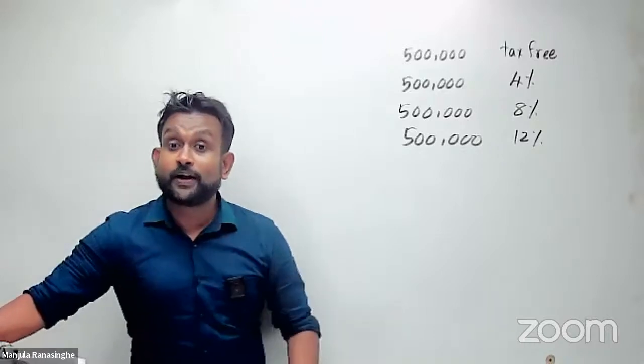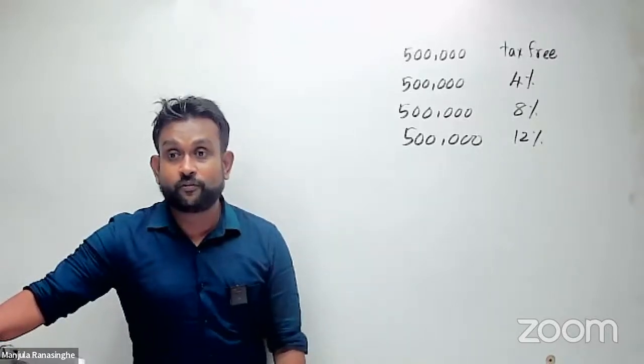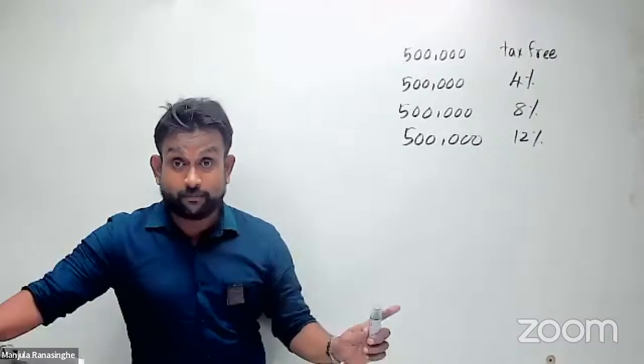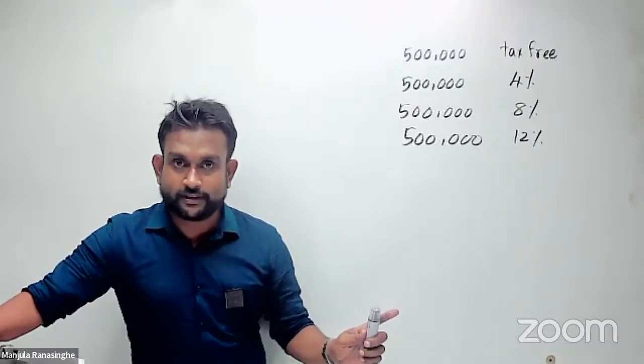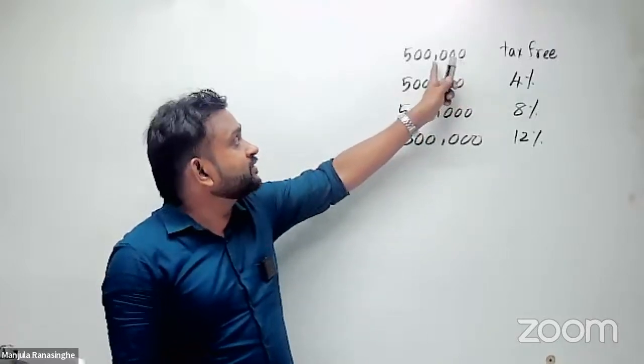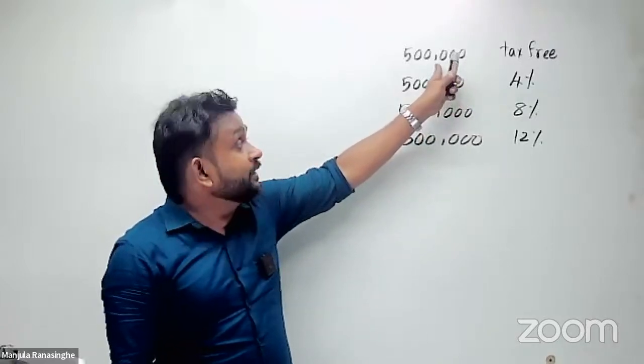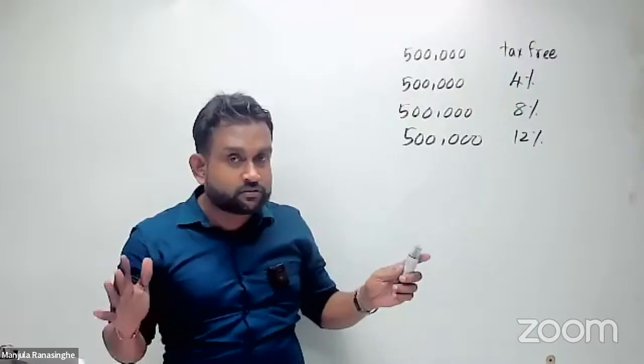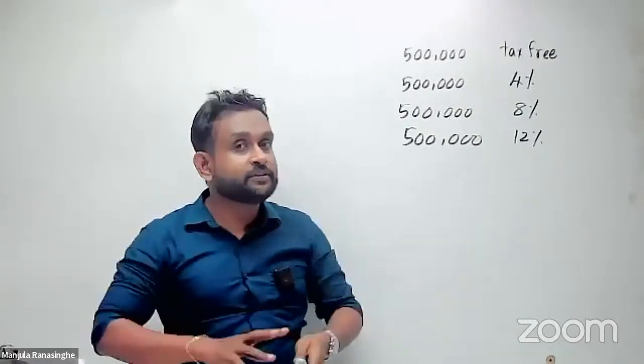Okay, now we will check how to calculate this type of income tax question. So you can see that the first 500,000 is tax free. That means income tax is not paid by all the people in Sri Lanka.